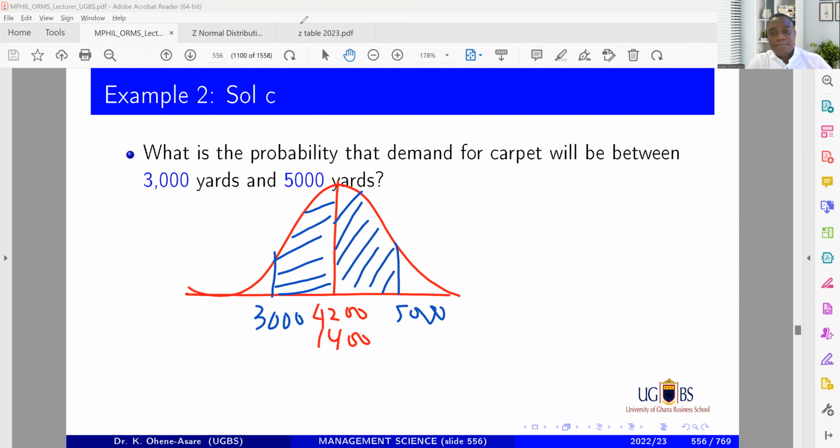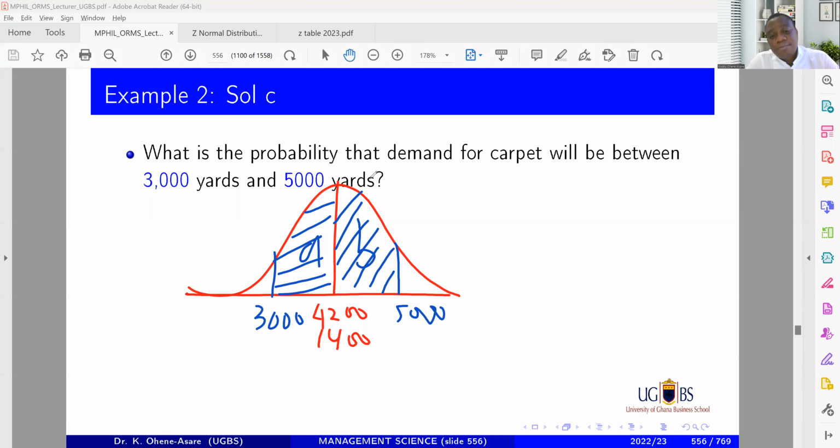Yes, Isaac. First and foremost, let's assume the shaded area between 3,000 and 4,200 is A, and between 4,200 and 5,000 is B. I will find the area of A first, then subtract it from 0.5, and put the answer down.